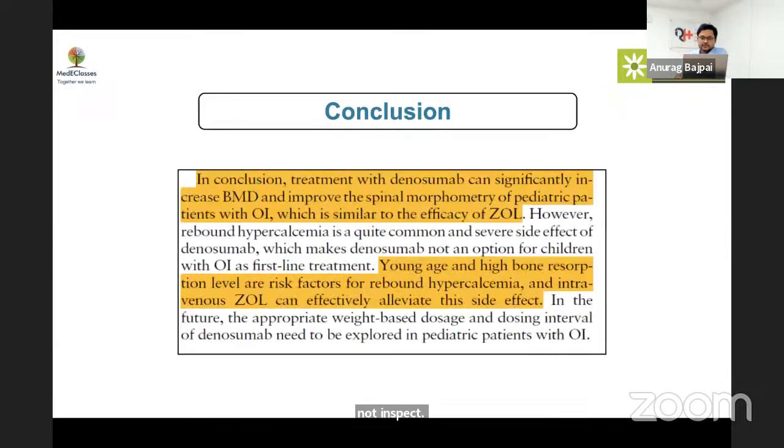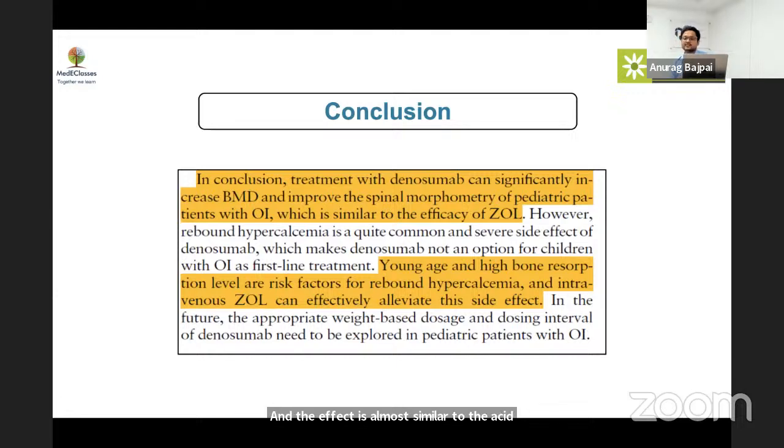So they concluded that treatment with denosumab significantly changed the bone mineral density as well as decreased the risk of spinal fracture in the pediatric population with OI, and the effect is almost similar to zoledronic acid.